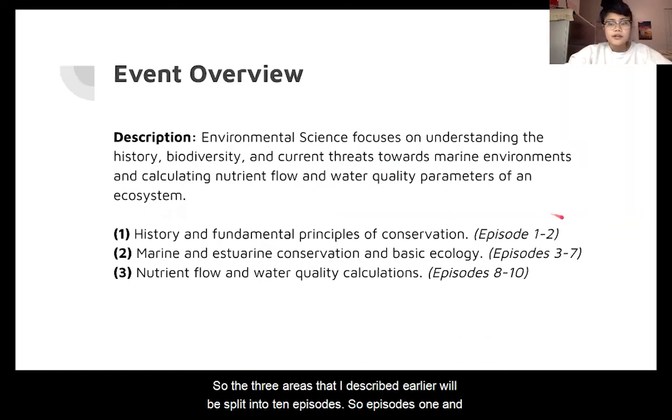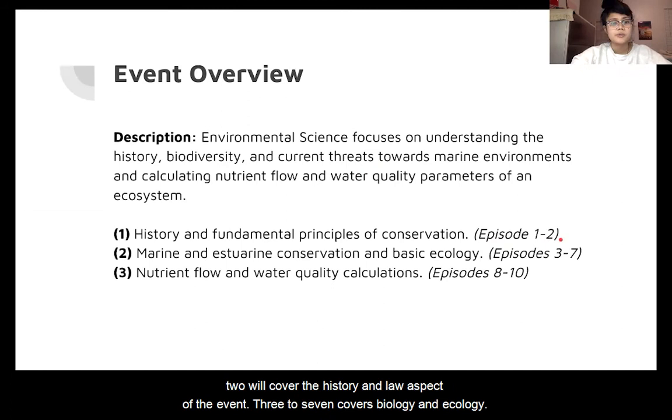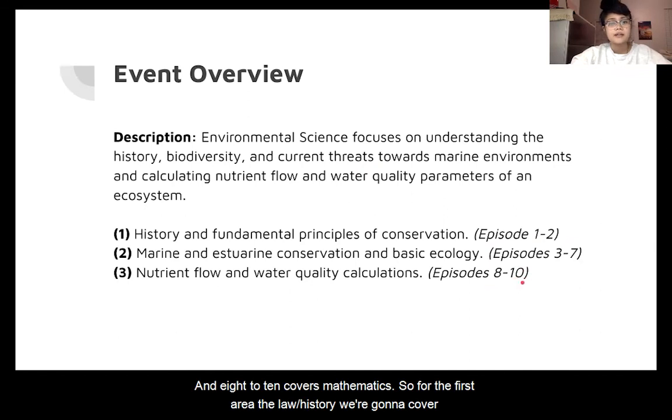The 3 areas that I described earlier will be split into 10 episodes. Episodes 1 and 2 will cover the history and law aspect of the event, 3 to 7 cover biology and ecology, and 8 to 10 cover mathematics.